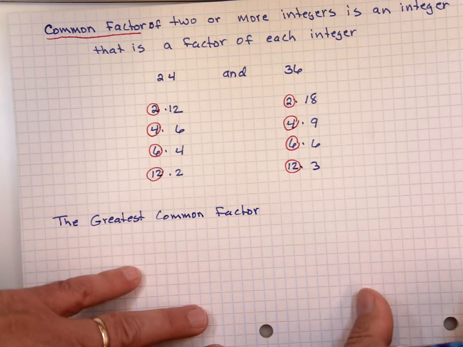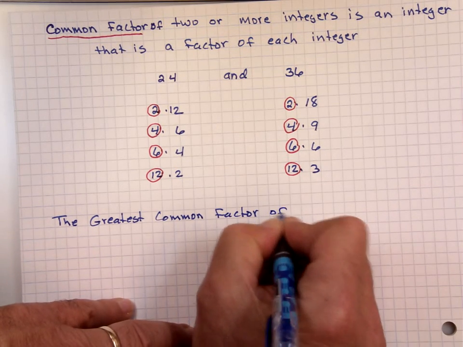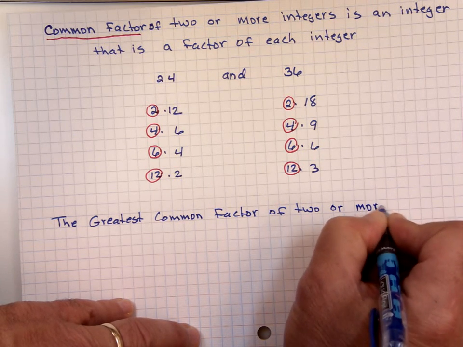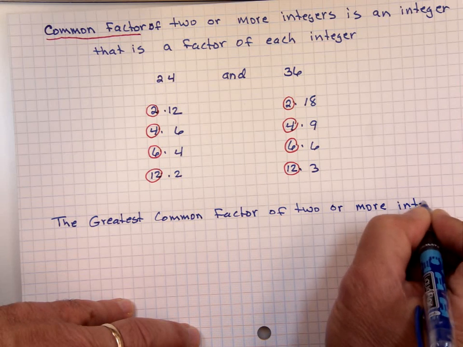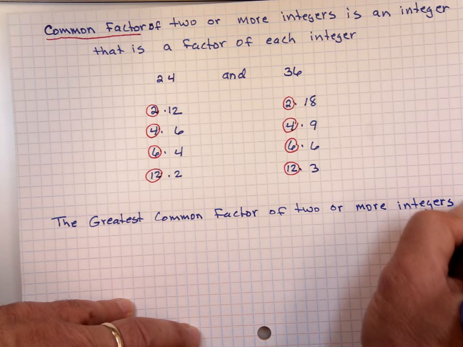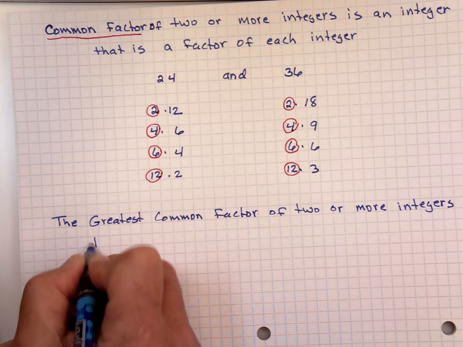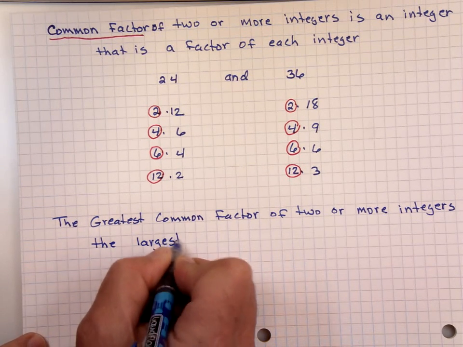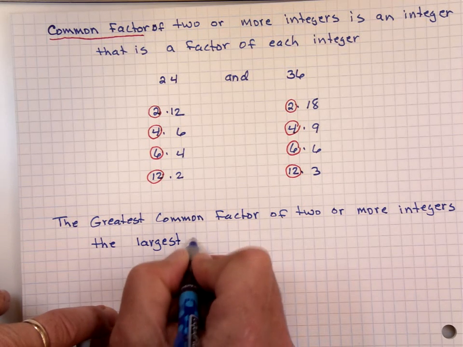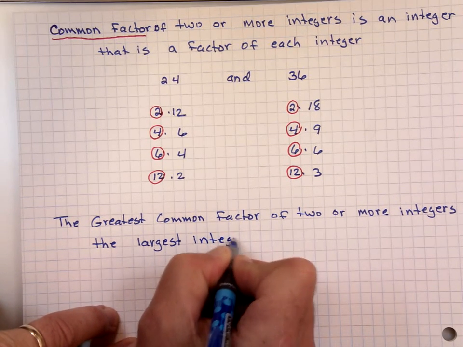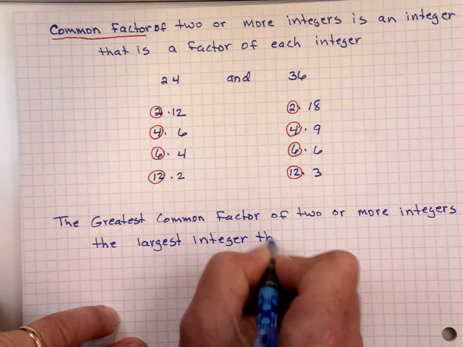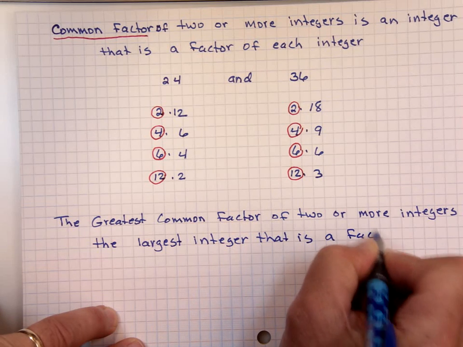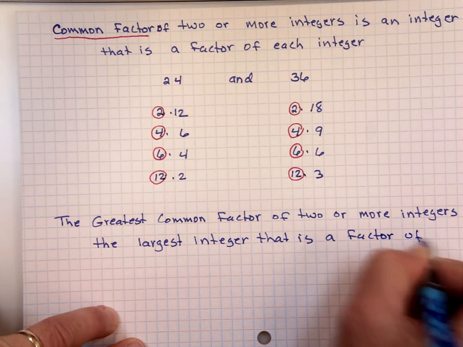So the greatest common factor of 2 or more numbers is the largest integer that is a factor of each integer.